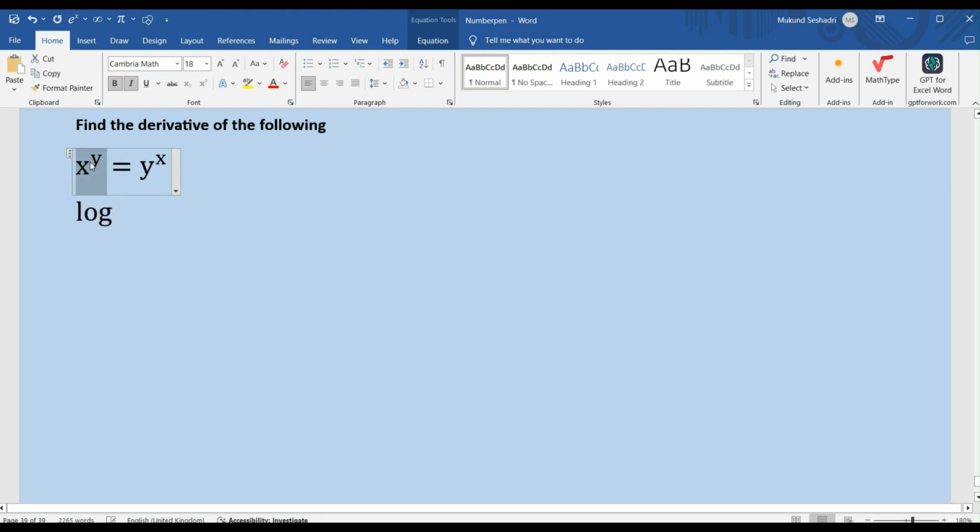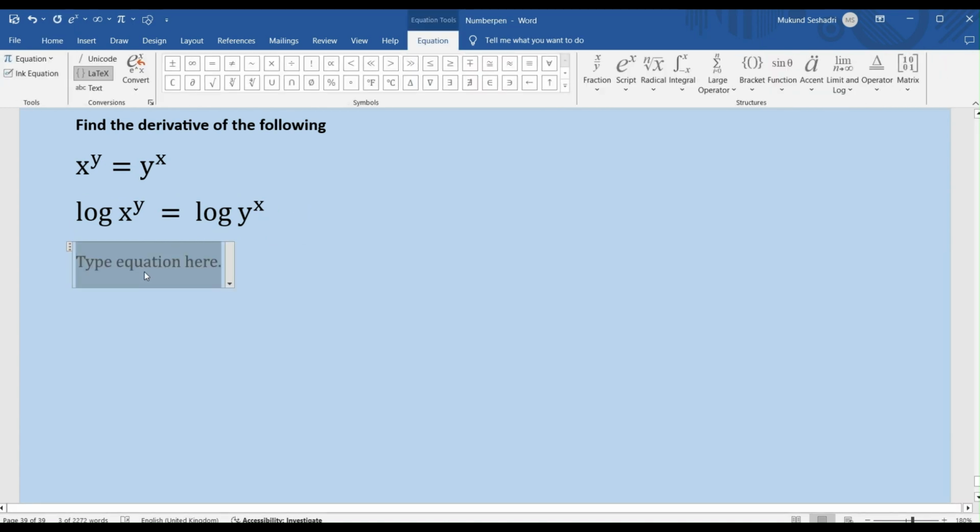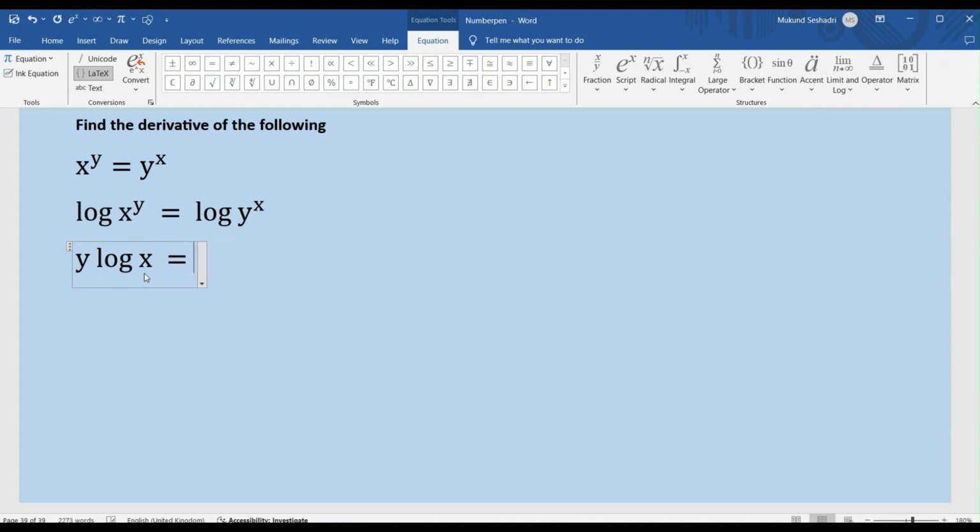Log of x to the power y equals log of y to the power x, right? And then here we can use the power rule of logarithms, where log of x to the power y is nothing but y log x. So I write that down, y log x, and then similarly log of y to the power x is nothing but x log y.